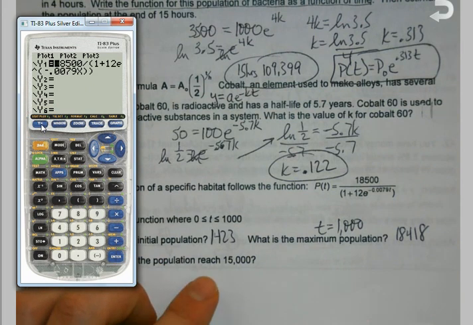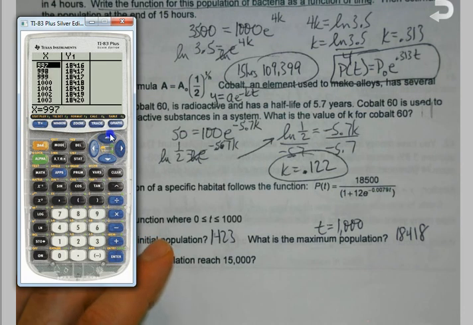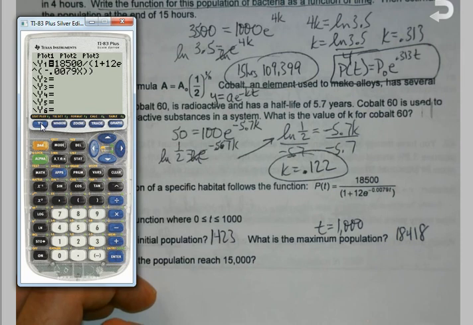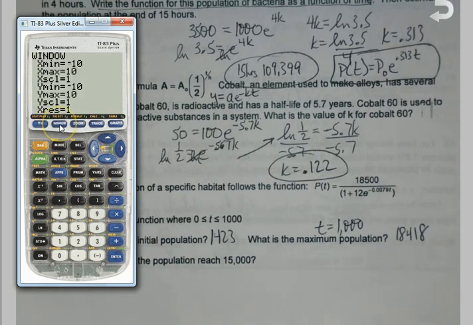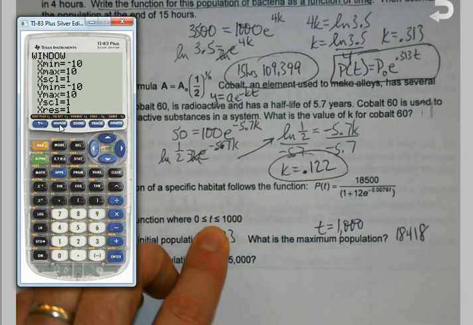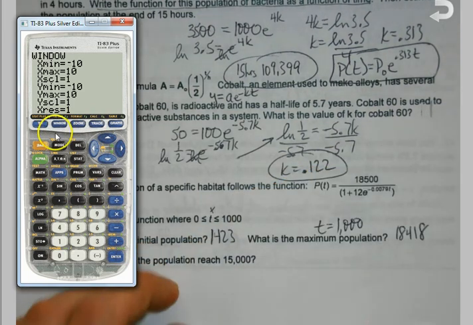When will the population reach 15,000? Now, you have choices here. You really do not want to sit and do this all the way through, okay? But you don't necessarily want to do a whole lot of crazy stuff here. Like my window, they're telling me this t is like my x.